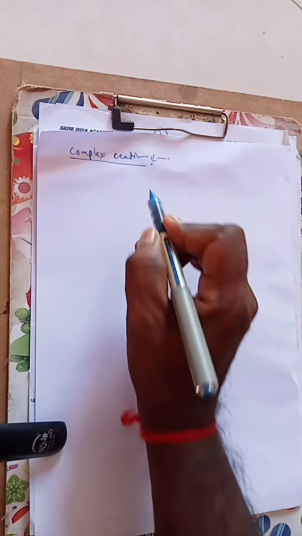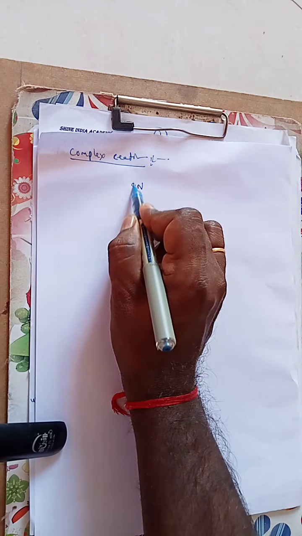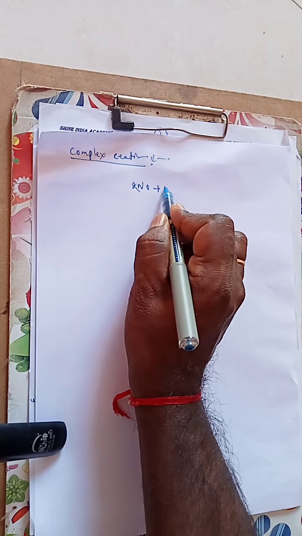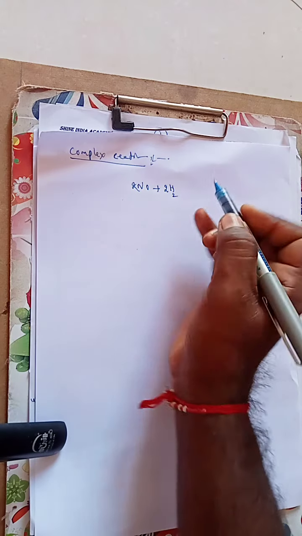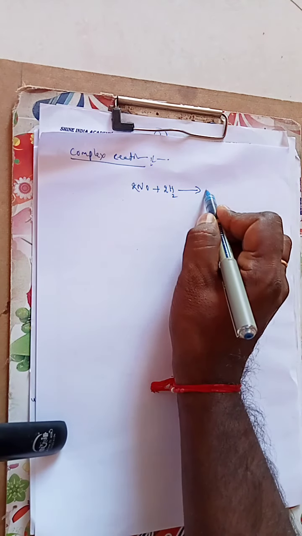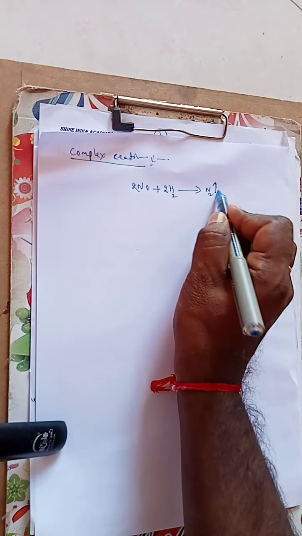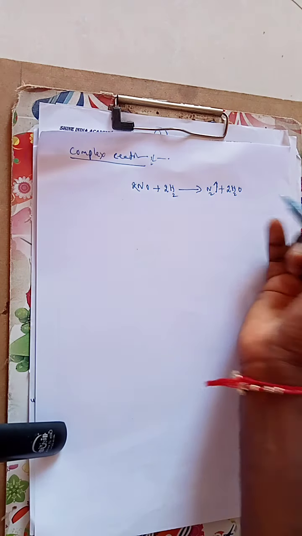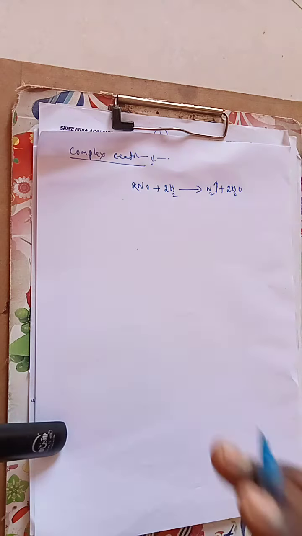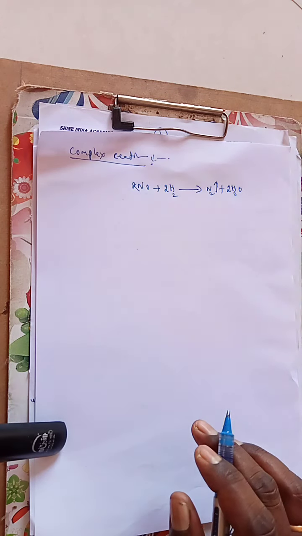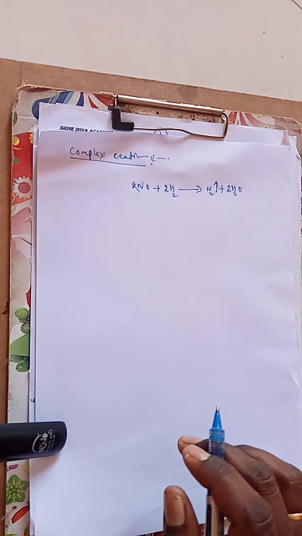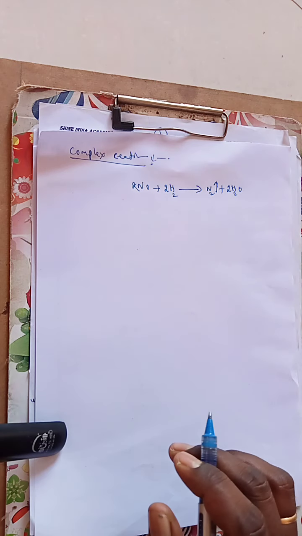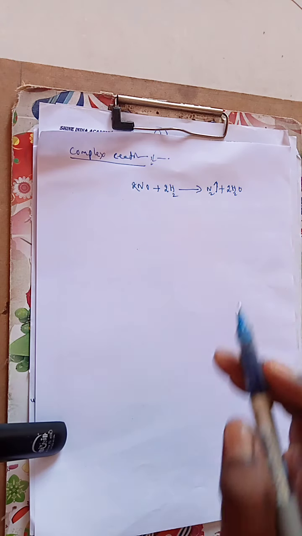For example, 2NO + 2H2 gives N2 + 2H2O. From this stoichiometric equation, the order of the reaction is directly said to be 4. Why?